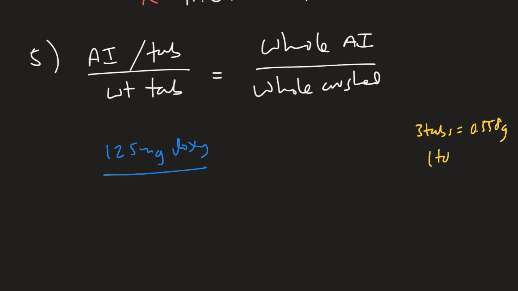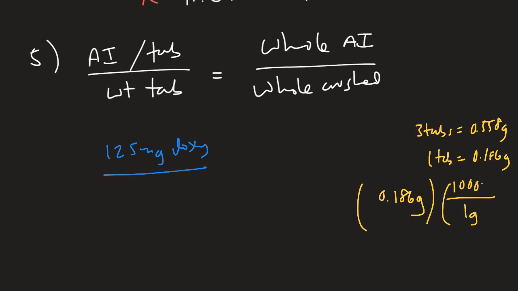So 1 tablet, dividing by 3, equals 0.186 grams. Converting grams to milligrams, since everything's in milligrams, a gram has 1,000 milligrams. Grams cancels out in the numerator and the denominator, which gives you 186 milligrams. So 186 milligrams per tablet.